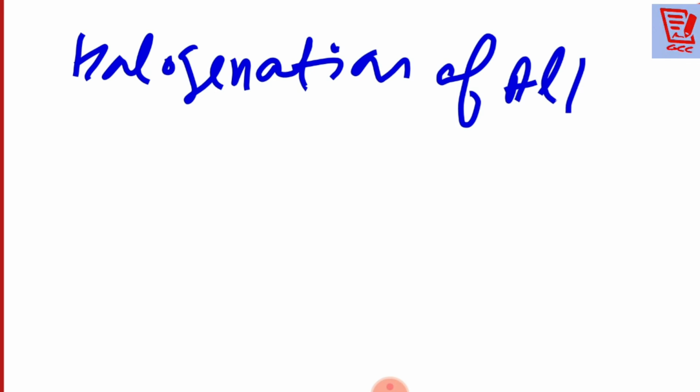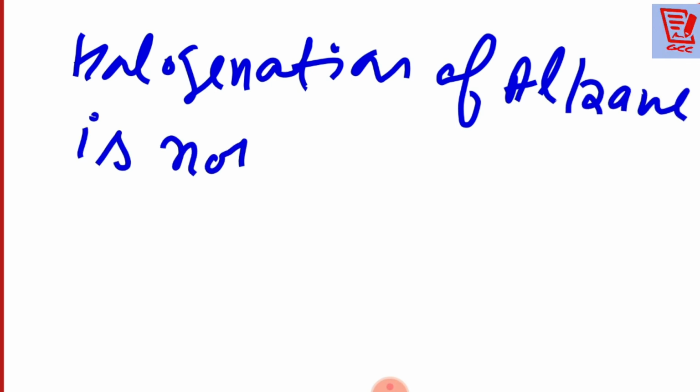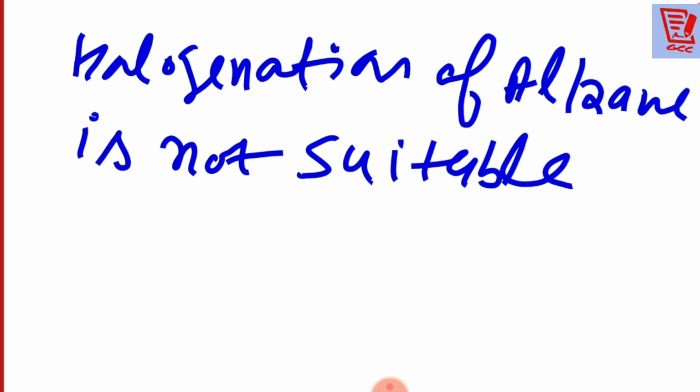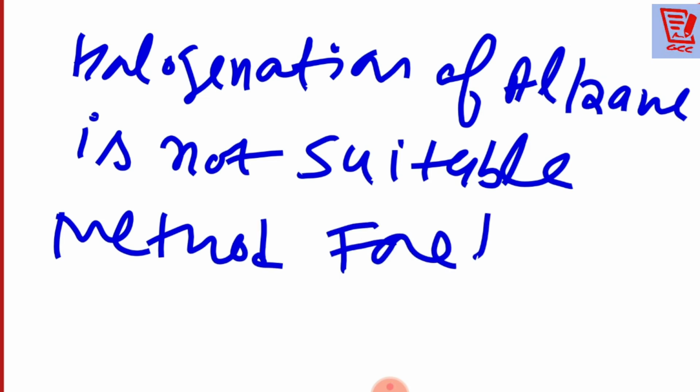So that is why they say halogenation of alkane, किसकी करते हैं halogenation, of alkane is not a suitable method. Why not a suitable method? Because the isomers we are forming almost have the same boiling point, which is very difficult to separate. So halogenation of alkane is not a suitable method for the laboratory.